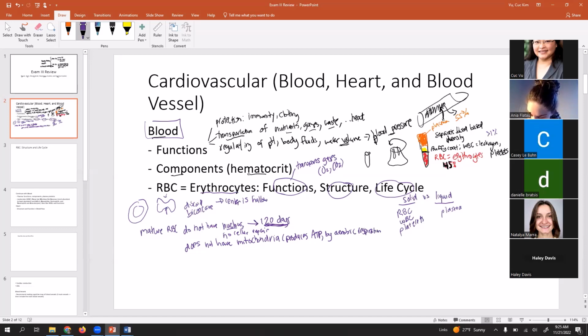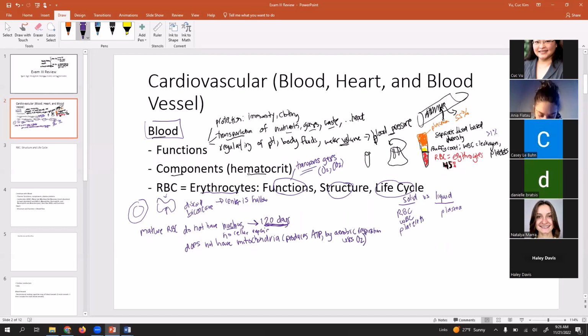But the problem is that aerobic respiration uses O2. And what did we say the function of a red blood cell was? Carry it. It's supposed to carry it. How effective would a red blood cell be if it's using what it's carrying? By the time it gets to its destination, let's say half of what it's supposed to be carrying is consumed.